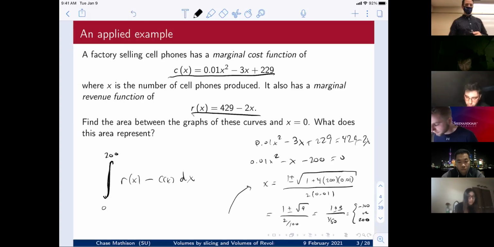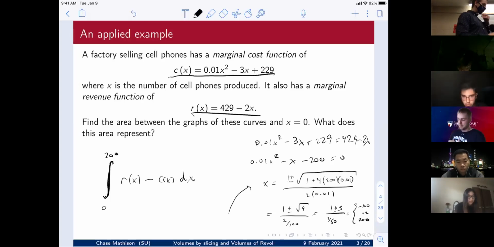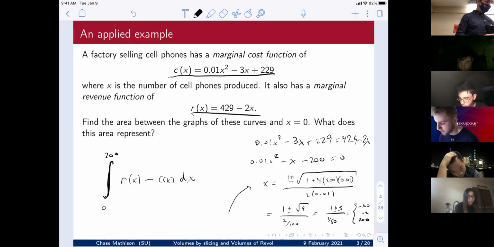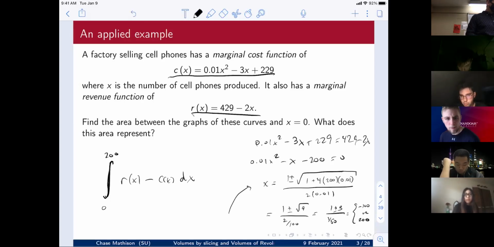This is the area we're trying to find. This integral represents that area. And the drawing's just the same as yesterday. It's the area between a straight line with a negative slope and a parabola that's opening up. A student asked where the 1 plus or minus was coming from, whether it was the cost of making one additional product.